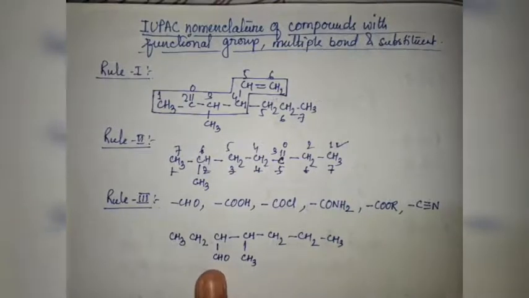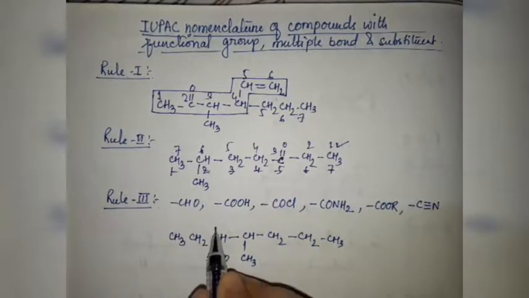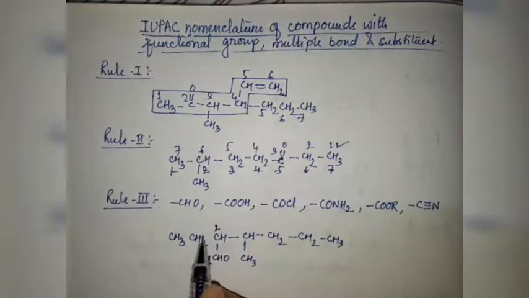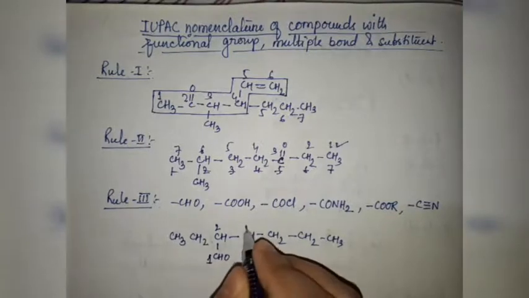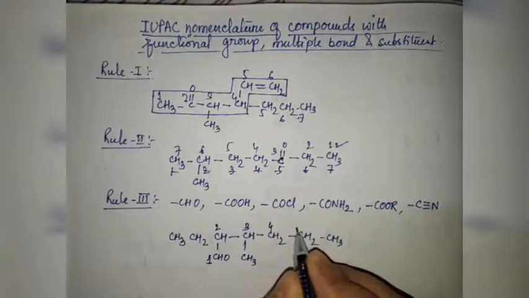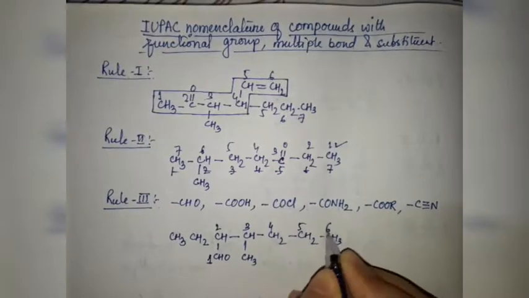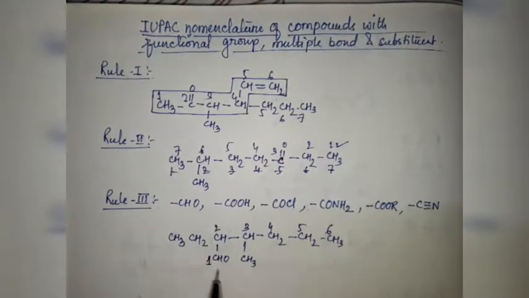So as I have told you, number 1 is given to the carbon atom of this group, so this will be number 1, and of course this will be number 2. We cannot give number 3 or number 4 to this one because this will not be the longest chain, so we have to give 3, 4, 5 and 6 numbering to these carbon atoms, and we have to consider this one as our parent chain and this methyl and ethyl as our substituents.